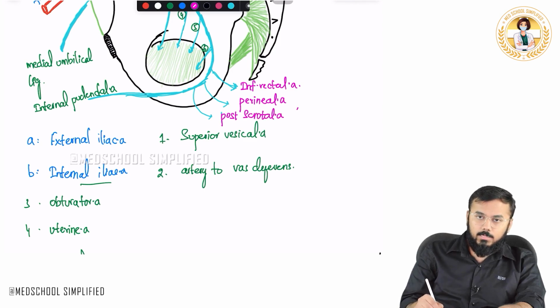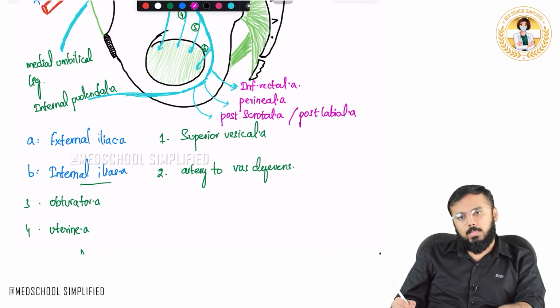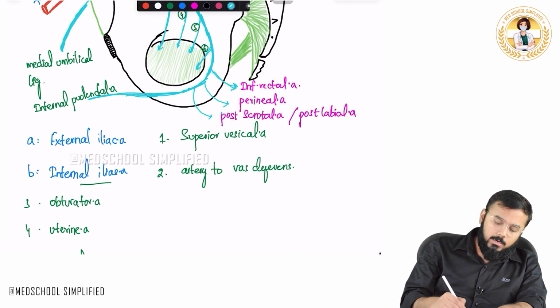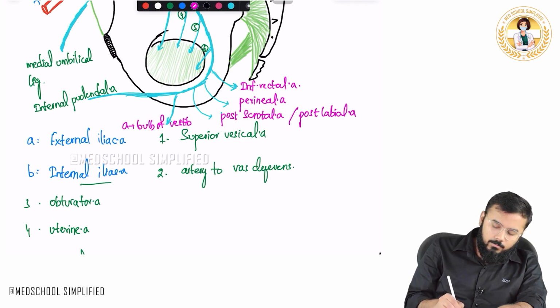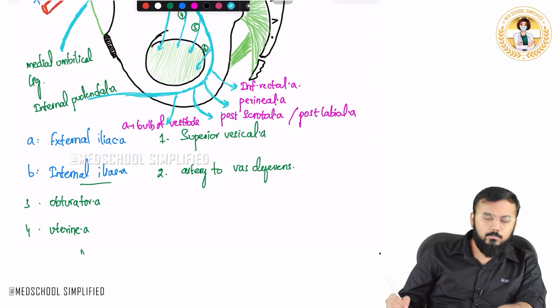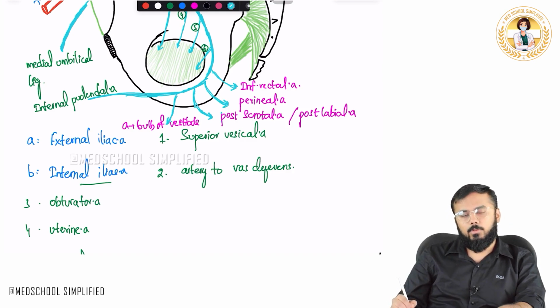Next we have the artery to the bulb of vestibule. Okay, so this is your artery to the bulb of your vestibule.